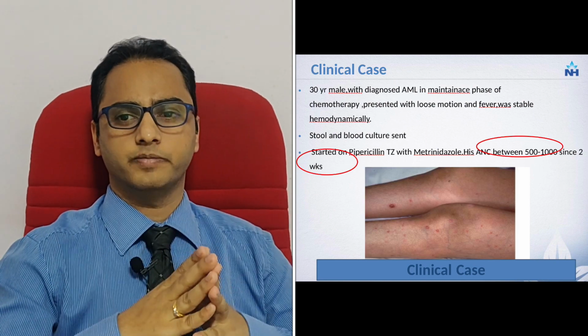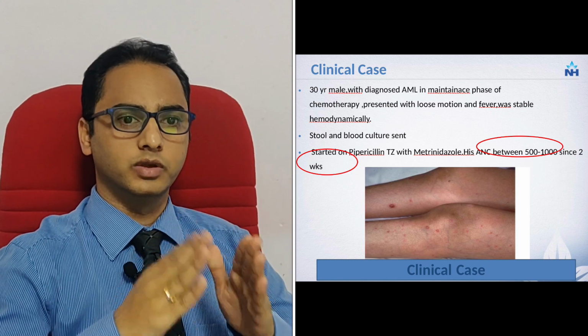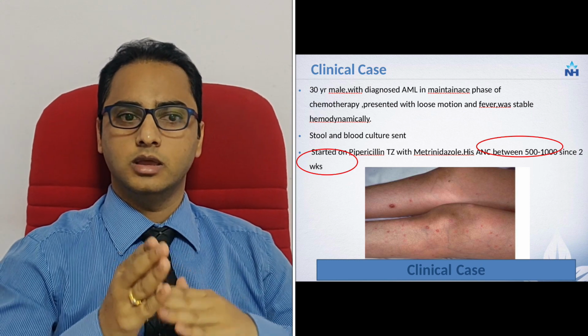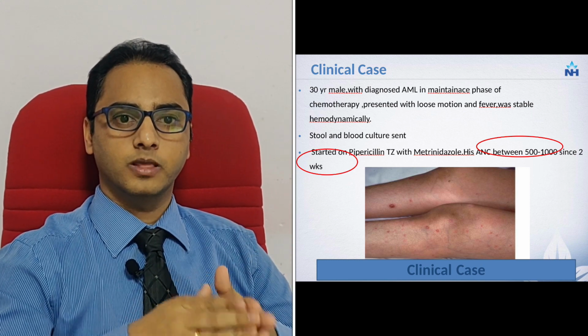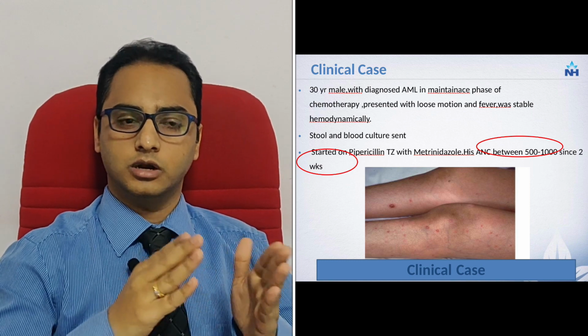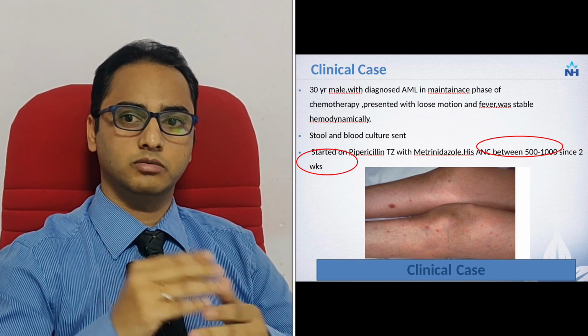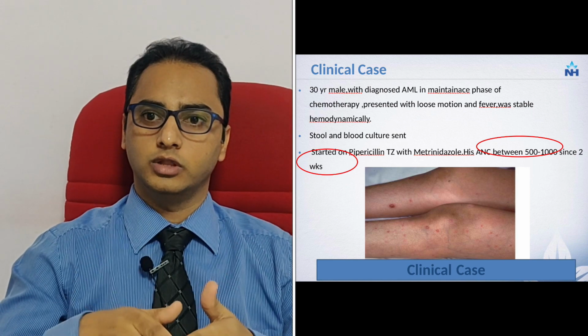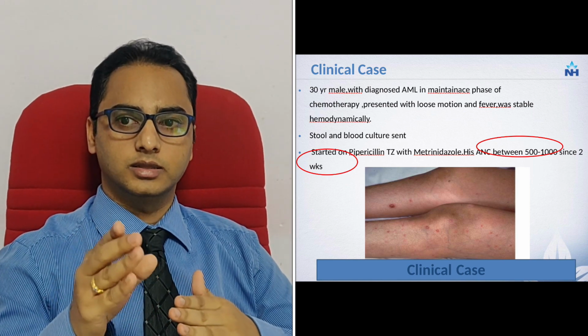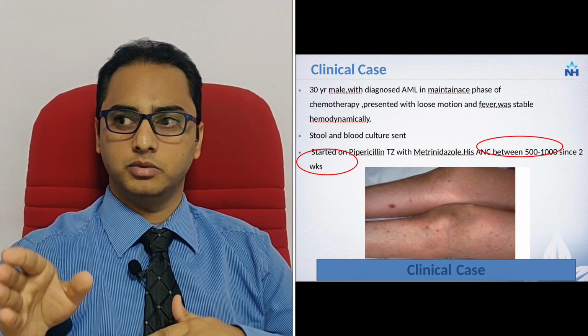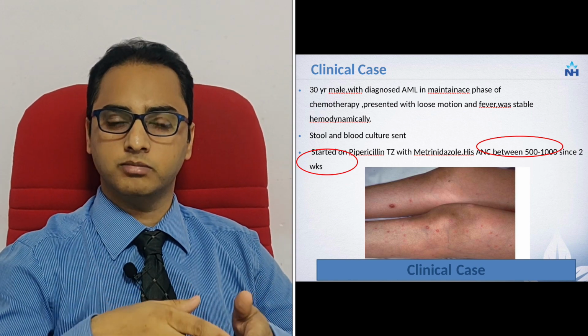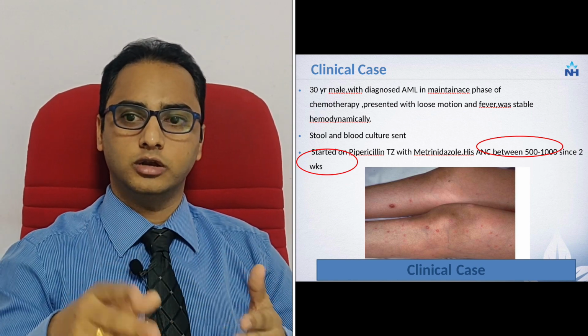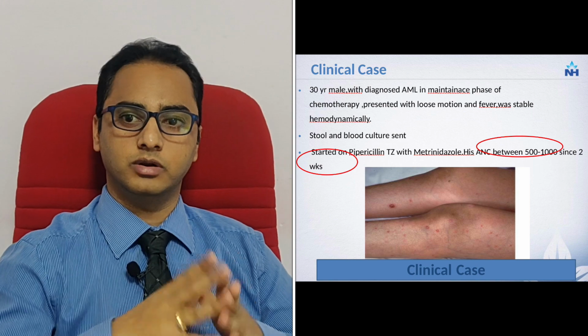It was a 30-year-old young male with hematolymphoid malignancy, who came with loose motions, blood culture negative, and was started on a BL-BLI combination with metronidazole. Down the line, the stool culture was positive for ESBL, and we escalated to carbapenem. The patient deteriorated hemodynamically, had persistent fever, and died.